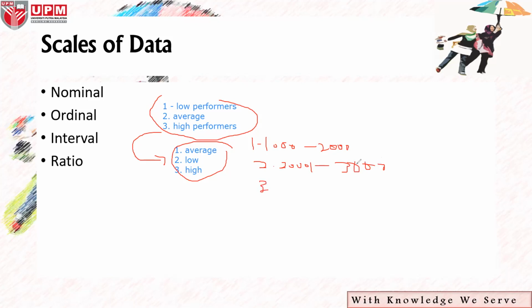So that is salary category. Next example, economic status, that can also be used. Poor, rich.